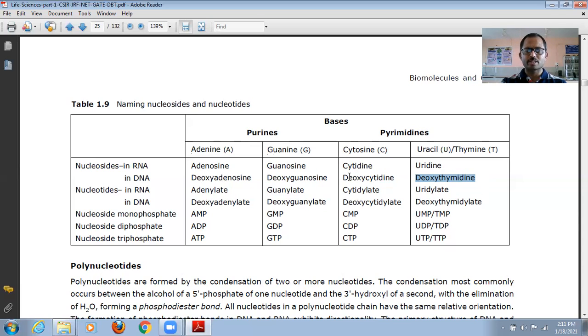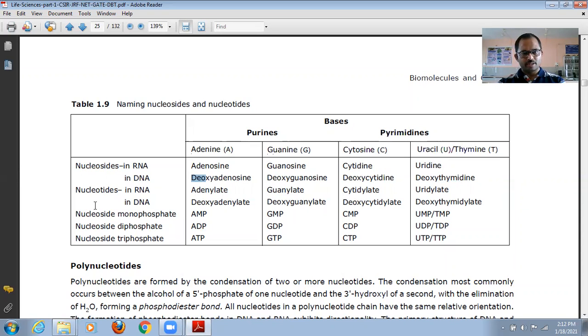Try to understand this difference between nucleosides in the RNA and nucleosides in the DNA. Here, deoxy means one hydroxyl group is missing. That's why it is known as deoxy.